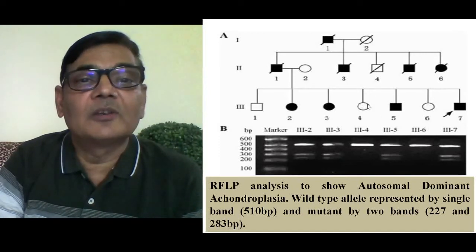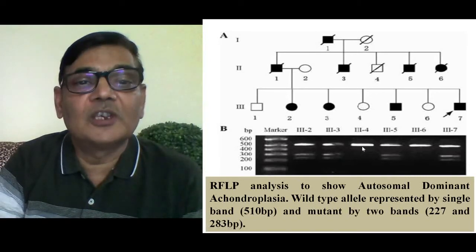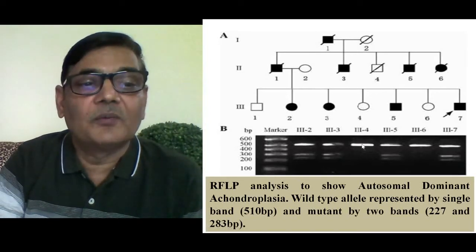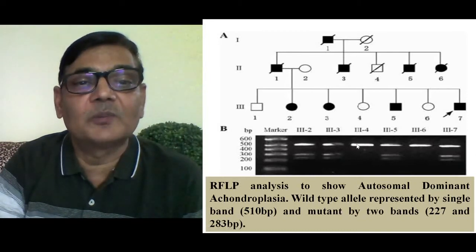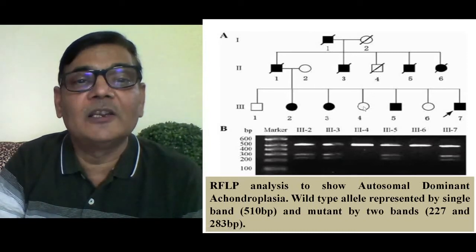We observe that individual 4 is a normal one. In this case a single band is visible. See this band, whose size is exactly 510 base pair. A single band is appearing. It means both maternal and paternal chromosomes carry normal alleles.